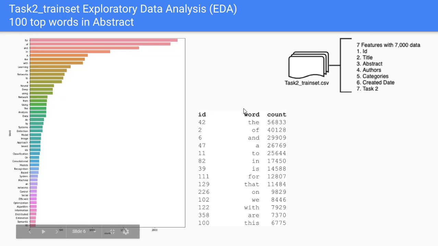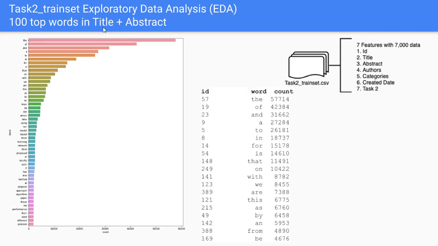And then this is the picture of the 100 top words in the abstract itself. As you can see, the top 100 words in the abstract text are also stop words. And if we combine the title text and the abstract text and compute the 100 top words, they are also stop words.